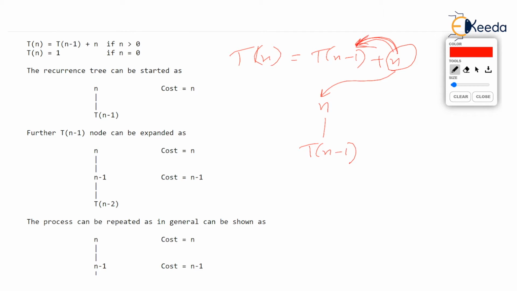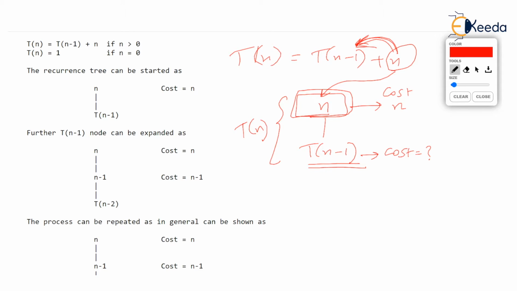So this entire thing is Tn. So then we have got one level here, the root, and the cost of this level is n. But then we can't write the cost of the next level because the cost of Tn minus 1 is not yet known. But we will just find out what Tn minus 1 is.